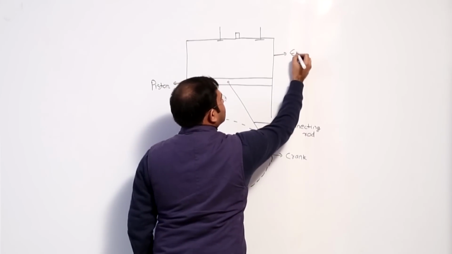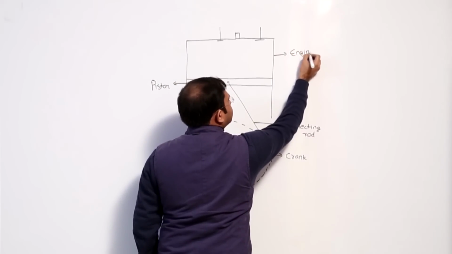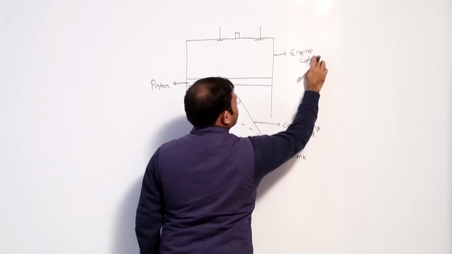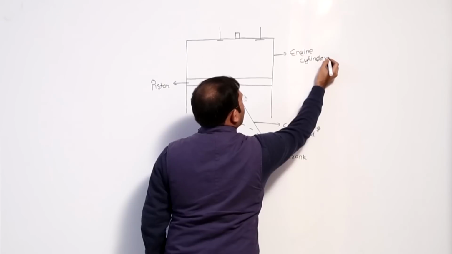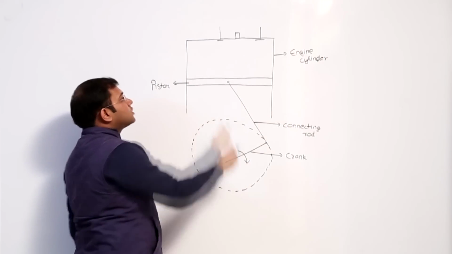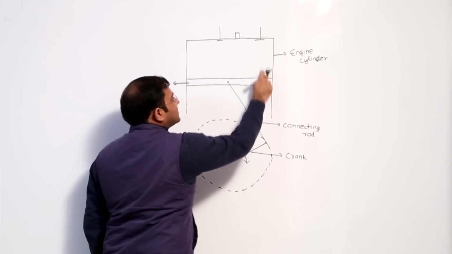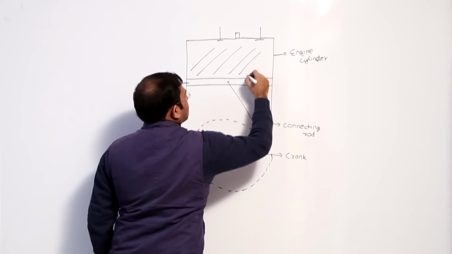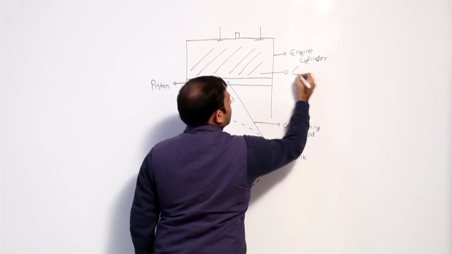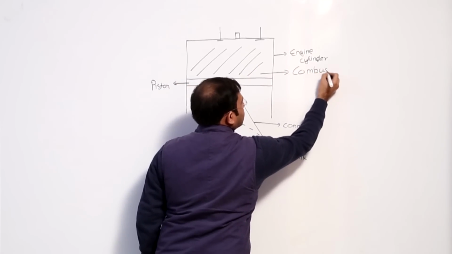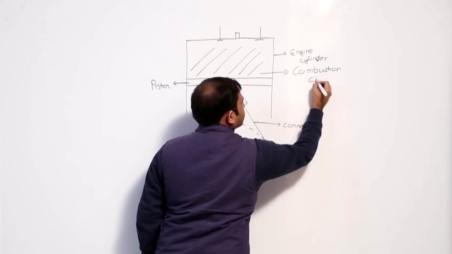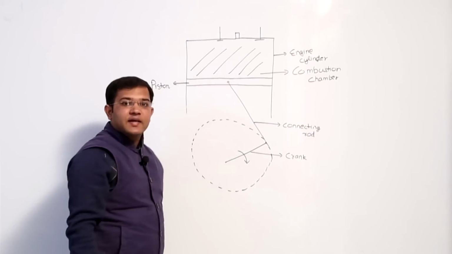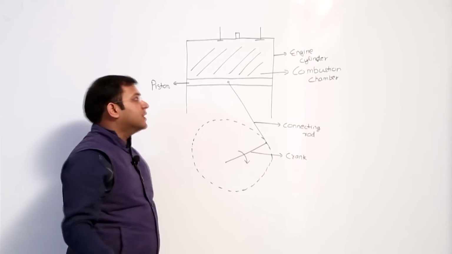This is the engine cylinder, and the region enclosed between the walls of the engine cylinder and this piston is simply known as the combustion chamber. Why is it known as the combustion chamber? Because here combustion of fuel takes place.